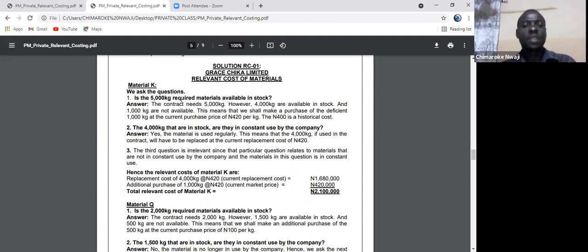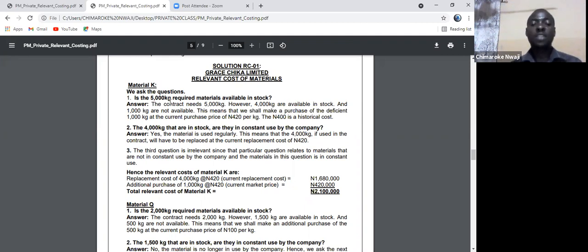The contract says it needs 5,000 kilograms. However, we have 4,000 kilograms available in stock right now, and 1,000 kilograms that are not available in stock. So we can answer yes and no. We could say yes, 4,000 kilograms are available in stock, and because we've said yes to 4,000, we'll move to the next question with regards to the 4,000 kilograms alone.